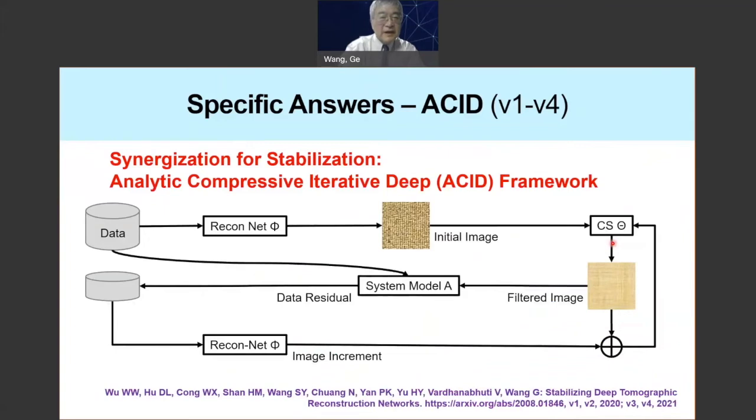And the specific answers are also available. For example, we have a hybrid network. We call it analytic, compressive, iterative, deep network. So let me explain. You have tomographic data, okay? Then you use a deep recon network, and you get an initial image.